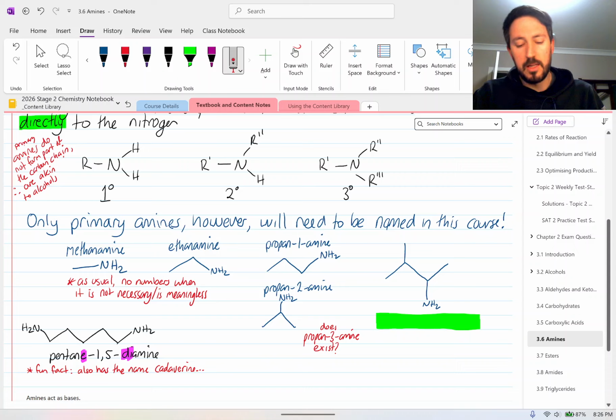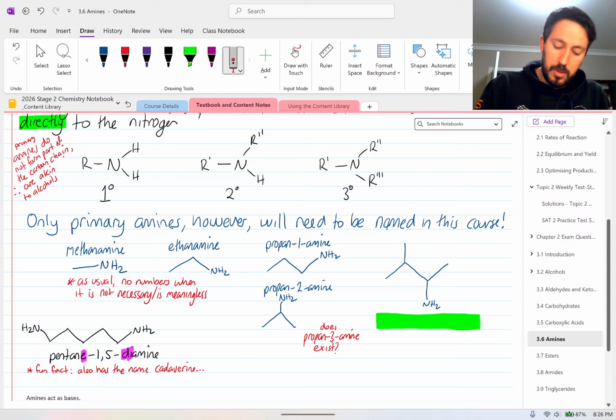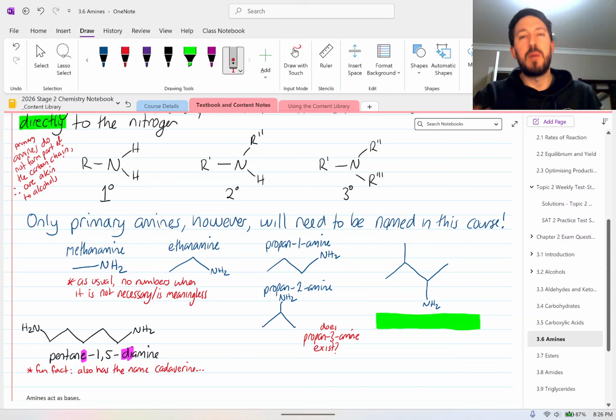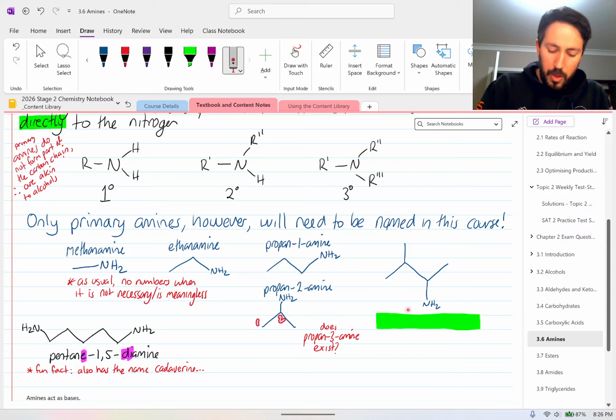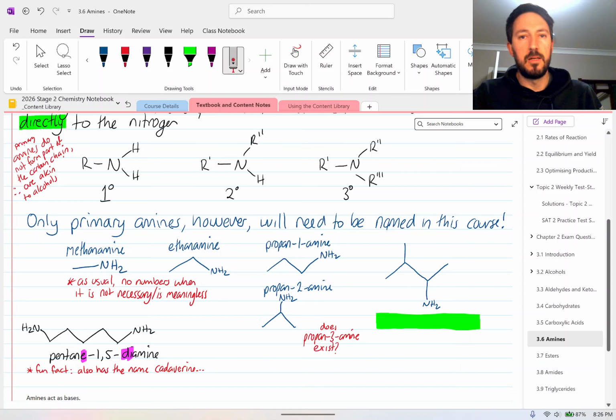The answer, similarly to our alcohols earlier, is no, because while there are 3 carbons, we're going to try and minimize that number. If we number this one 1, 2, and 3, if we put it on this end carbon, then that would make that carbon number 1 instead. So we're going to minimize the carbon numbers.